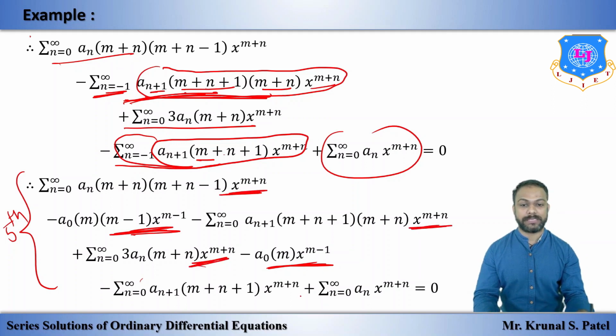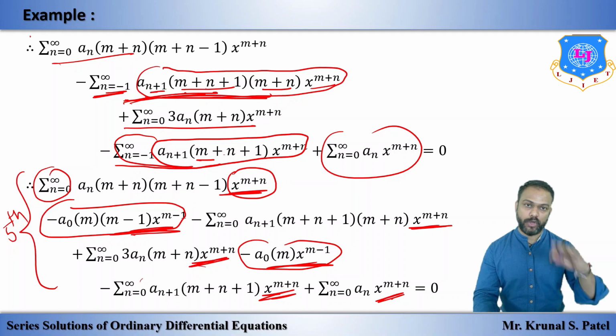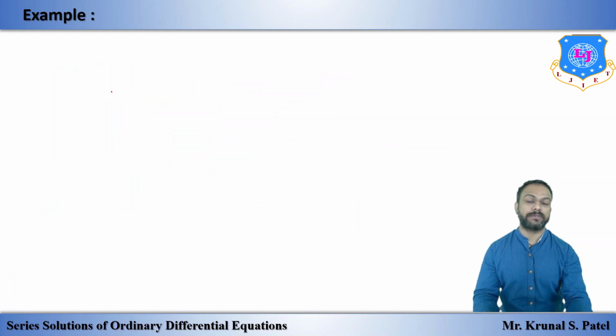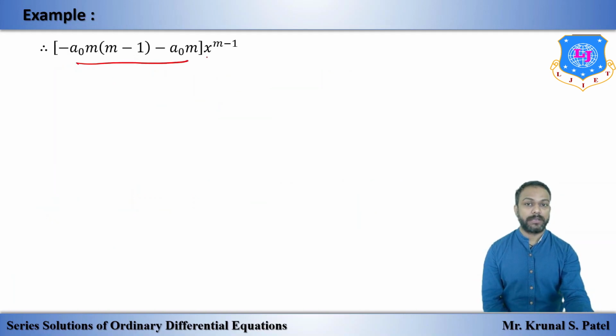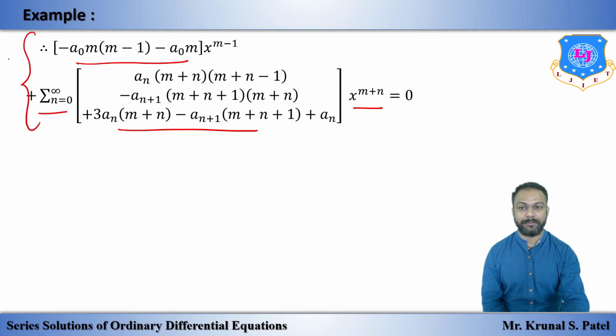So we will take these two terms together, and take all the remaining terms together with sigma common and x raised to m minus 1 common on the right hand side. So we have the coefficient of x raised to m minus 1 first, and then sigma with x raised to m plus n common, and these are the remaining terms from the sigma. This is our collect step, the sixth step.